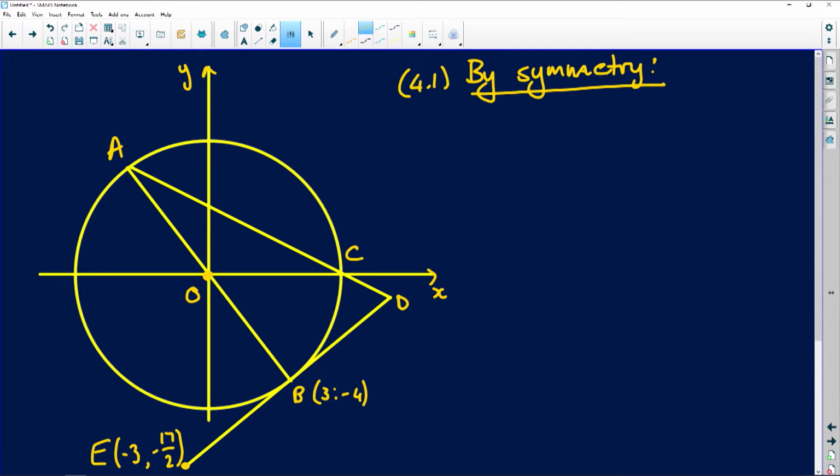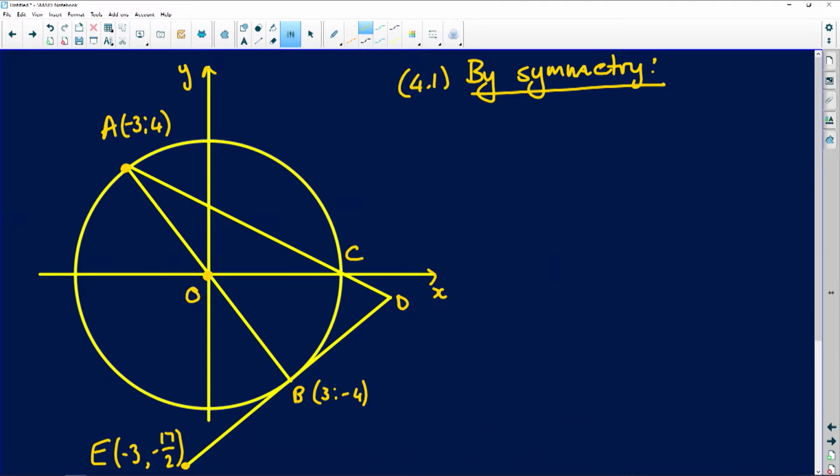So by symmetry, I'm going to say immediately, here goes through the origin, so this point here, point A, let me just move the A up a little bit, and we have more space. The point A lies over there, and that point has coordinates minus 3 and positive 4.